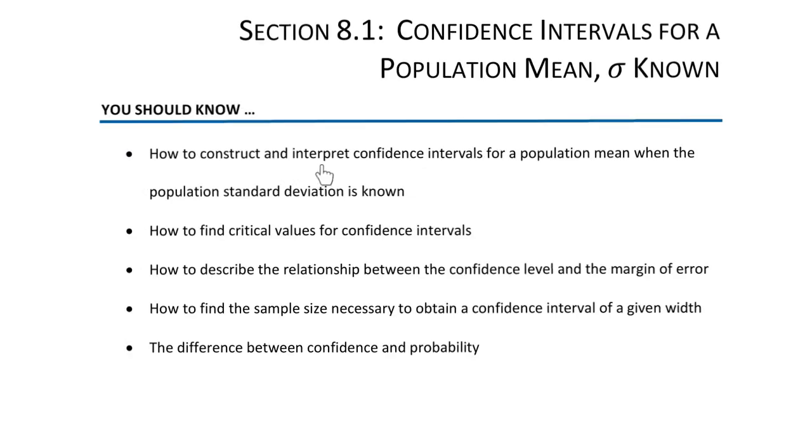In this section, you learn how to construct and interpret a confidence interval for a population mean when the standard deviation is known. In the next section you will learn about when the population standard deviation is unknown.